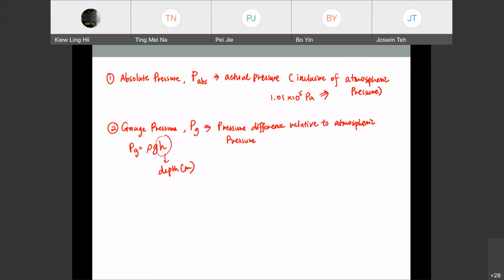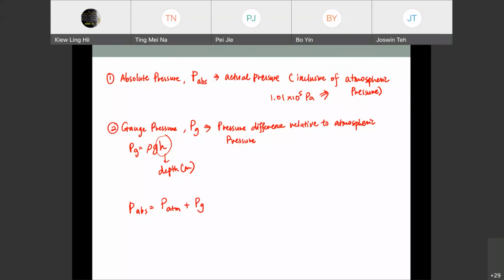Applying the same question just now, what is the gauge pressure that you feel now? The answer should be 0, because if you minus the atmospheric pressure, the gauge pressure is 0. Usually we will write down that absolute pressure equals atmospheric pressure plus your gauge pressure, right?